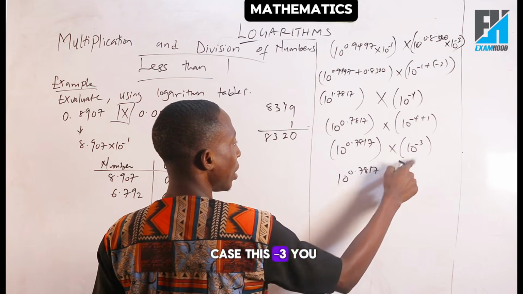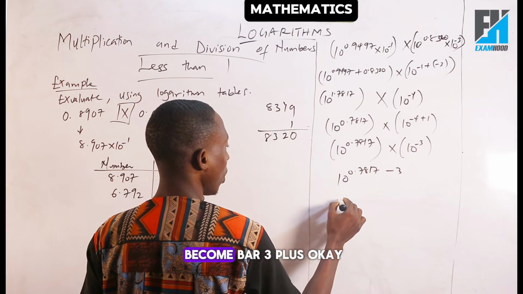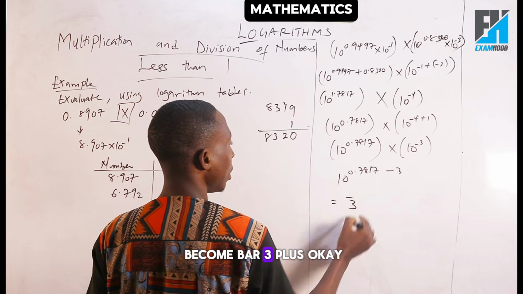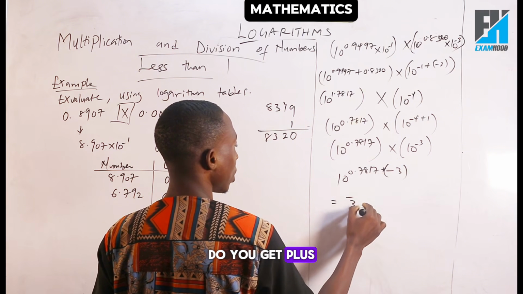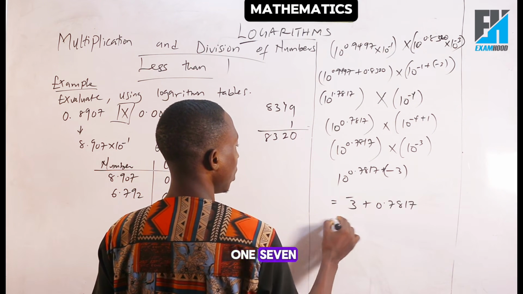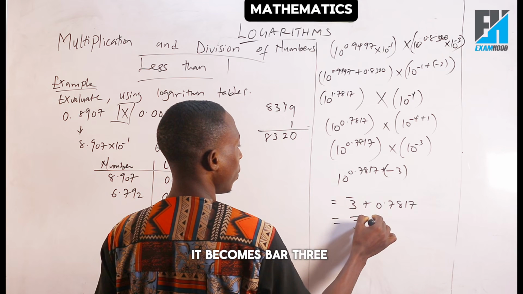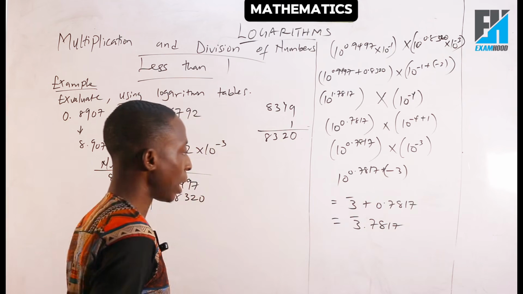But in this case, this minus 3 you have here is a bar, right? So we have it to become bar 3 plus 0.7817. It becomes bar 3.7817. Do you get that?